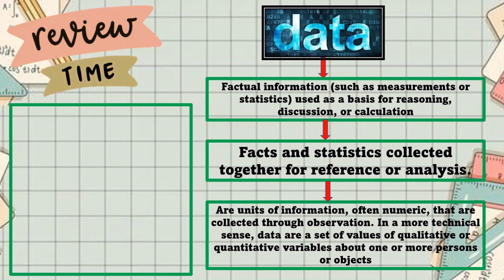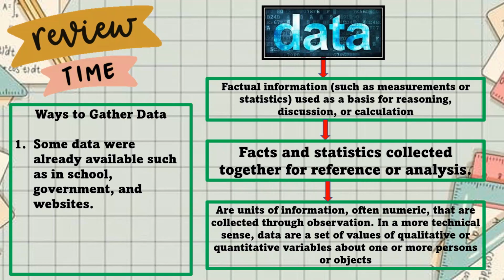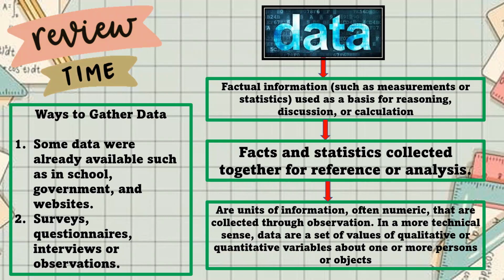These are units of information, often numeric, that are collected through observation. In a more technical sense, data are a set of values of qualitative or quantitative variables about one or more persons or objects. We have different ways to gather data. First, some data were already available, such as in a school, government, or on a website. Second, we can also gather data through surveys, questionnaires, interviews, or even observations.